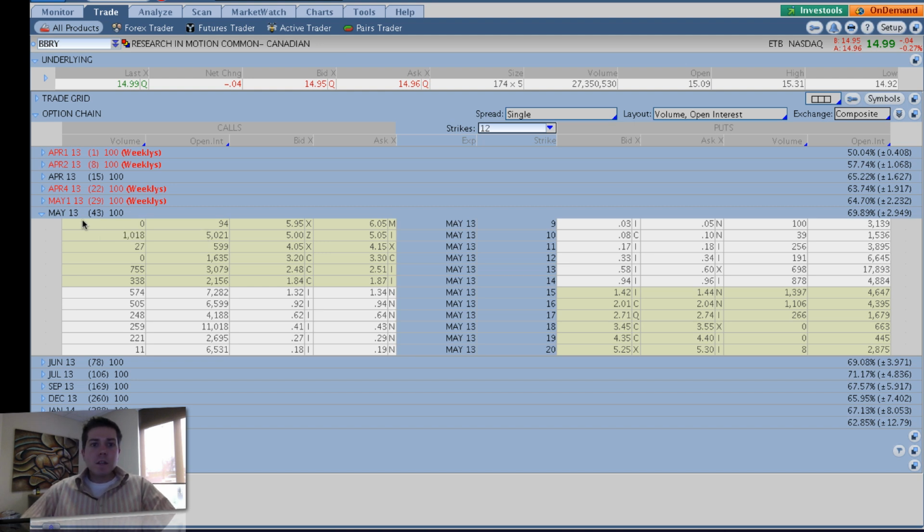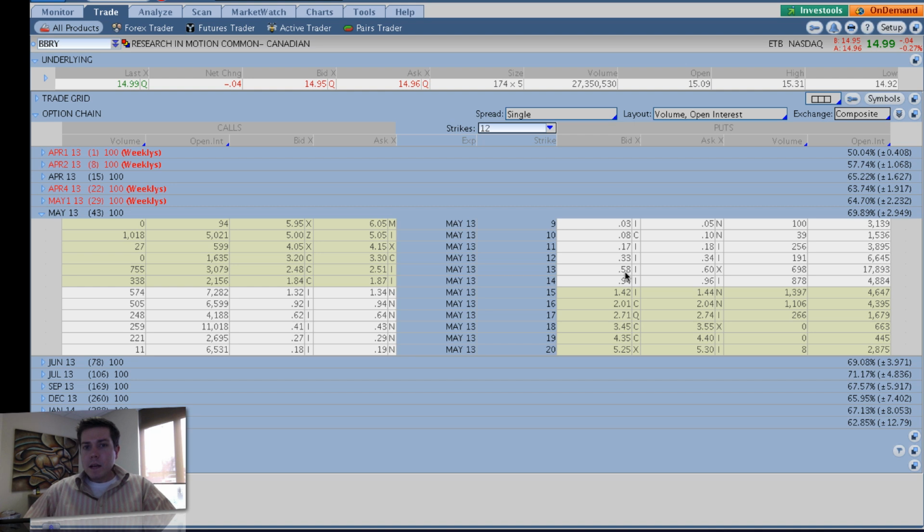But just for sake of example, let's say we're entering the May, we're going to sell some May naked puts in BBRY. Currently it's trading at 15 bucks. Let's just say we want to go 2 strikes out of the money and sell the 13s. The bid is currently 58 cents, so that's what you can sell it for.